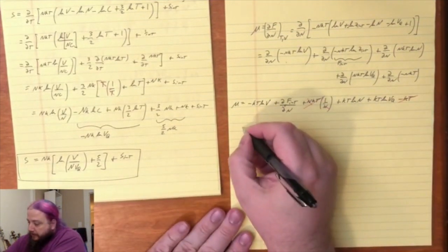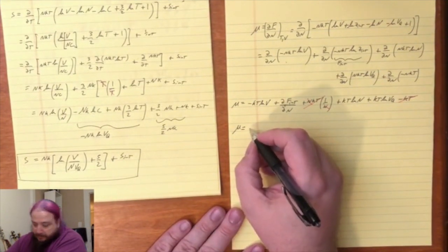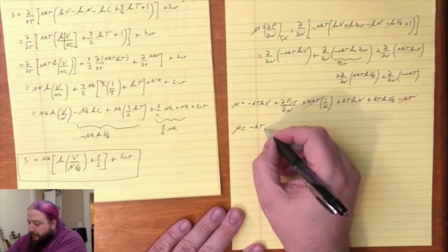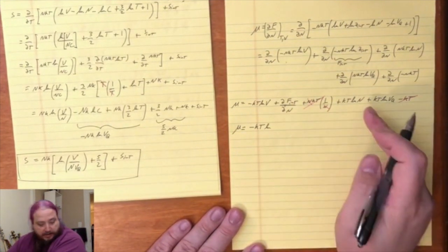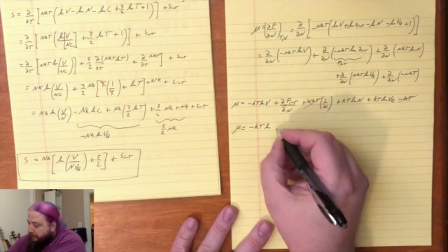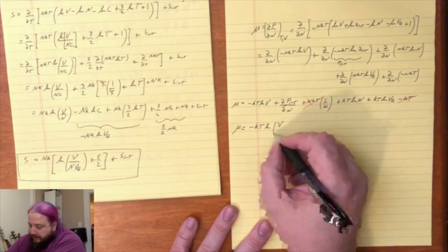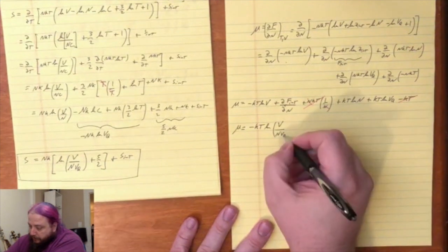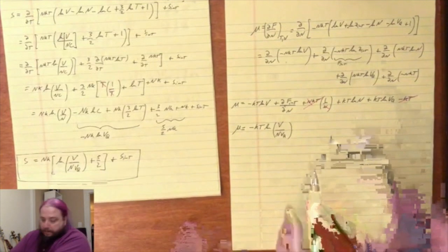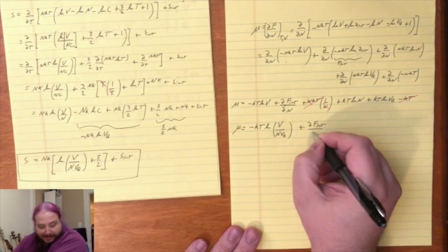And so what we're left with is that our chemical potential here is minus kt times the logarithm of volume over n and the quantum volume. So that's this term, and that term, plus our dF interior dN.